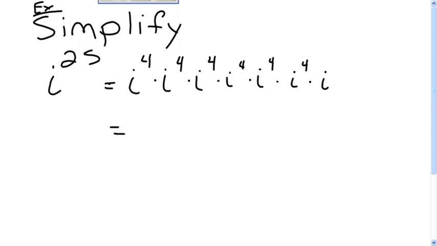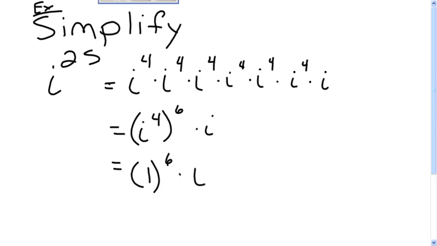Well, i to the 4th times itself 6 times is just i to the 4th to the 6th, times that 1 i left over. Now, don't make assumptions. Think about what this is doing mathematically. i to the 4th, we just figured out, was 1. And it's 1 to the 6th. 1 to the 6th is 1 times itself 6 times. So 1 times 1 times 1 times 1 times 1 times 1, which equals, very good, 1 times i. Therefore, i to the 25th is just i.